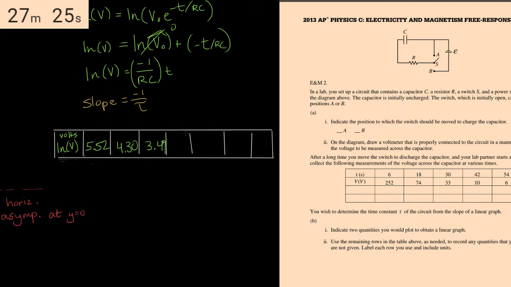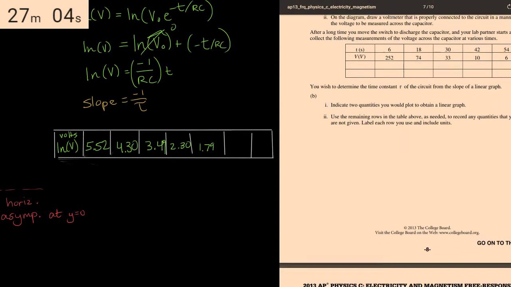Look here how these are decreasing approximately linearly, so something's working out. We're going to get a useful slope here. 2.30, and finally, the natural log of 6 is equal to 1.79. Great.